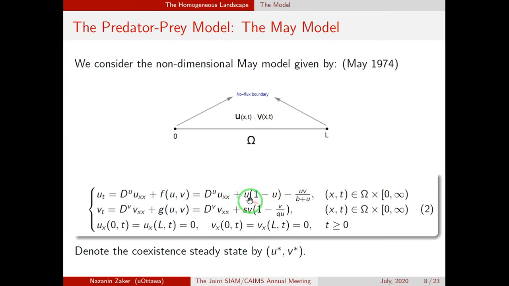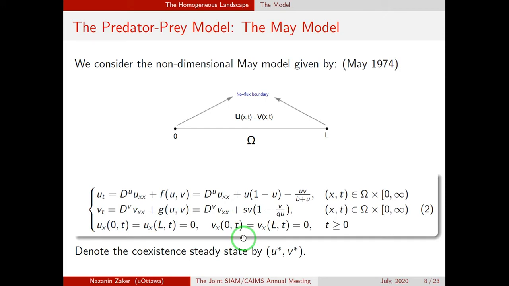Our prey can grow logistically, and we have a perturbation for our prey, and the predator also grows logistically with this intrinsic growth rate S and carrying capacity QU. We also have these no flux boundary conditions, as we see in our system.